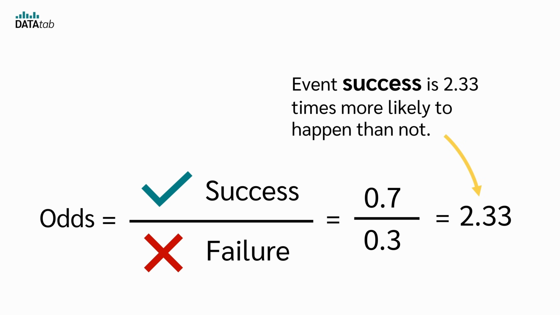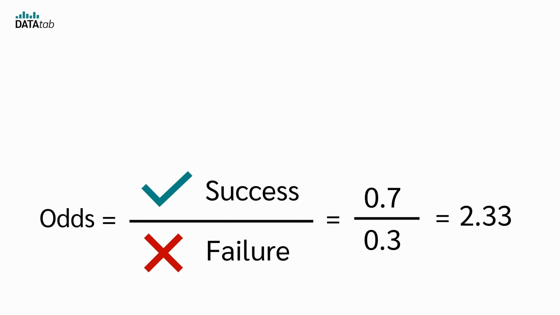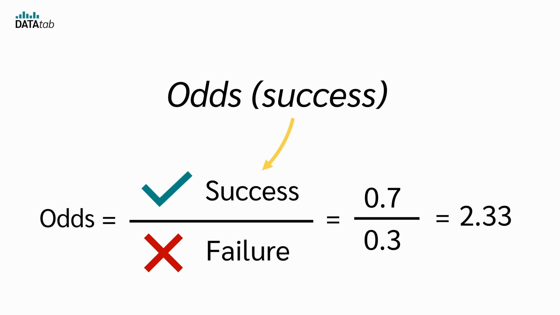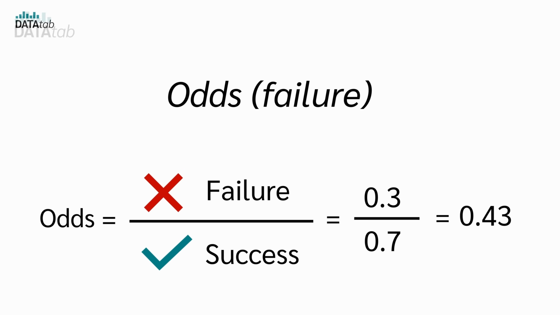This means the event success is 2.33 times more likely to happen than not. So odds give us a measure of the likelihood of an event happening versus it not happening. In this case, we've calculated the odds of success. Of course, we can also calculate the odds of failure.